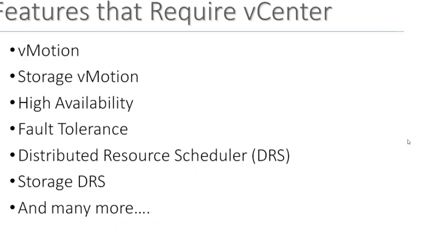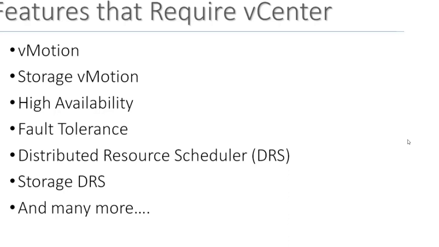Features that require vCenter. Some features are very important in VMware, and they require VMware vCenter server. After installing the vCenter server, we use the following features of vCenter server, like vMotion, storage vMotion, high availability, fault tolerance, distributed resource scheduler, storage DRS, and many more.